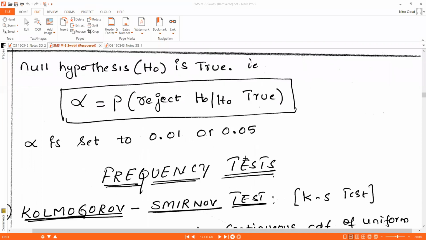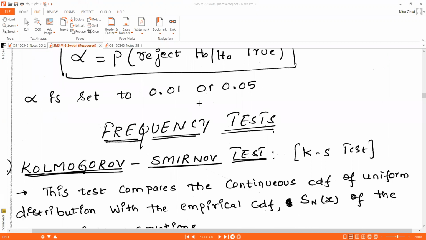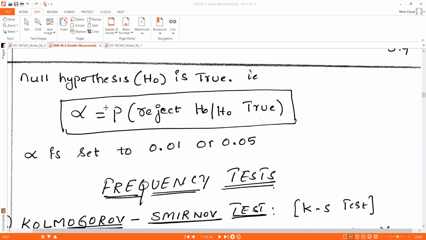Alpha is usually set to 0.01 or 0.05. The alpha value will usually be given in the problem itself.